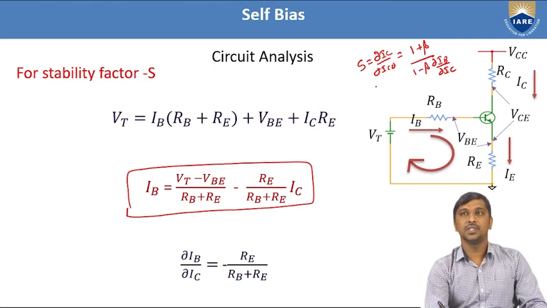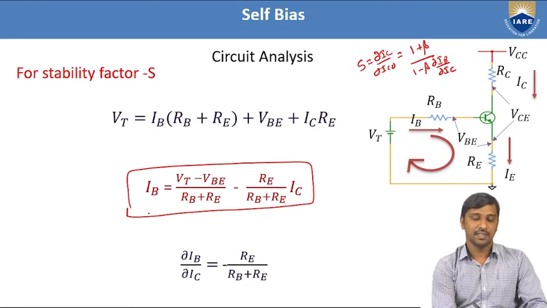Hence, to observe the stability factor, we need to observe how much the base current is affected with respect to the change in collector current. Hence, we need to apply differentiation to this base current with respect to the collector current.